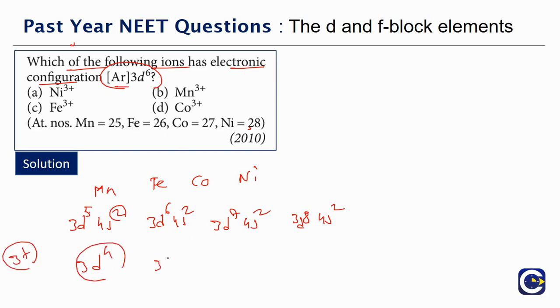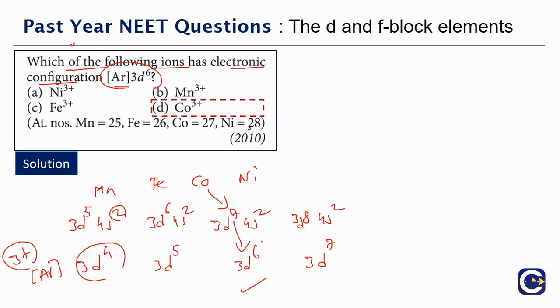Then iron is 3d5, cobalt 3d6, nickel 3d7. With argon before these, we have argon 3d4, argon 3d5, argon 3d6, argon 3d7. Which of them has argon 3d6? It's a straight question, right? It is cobalt 3 plus.